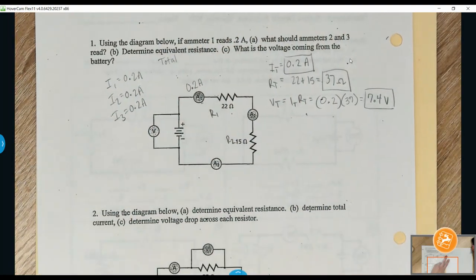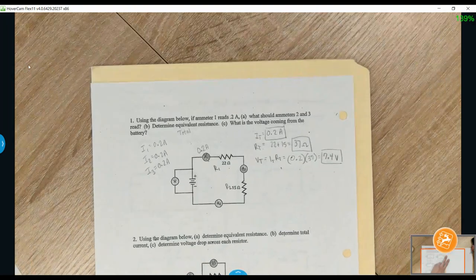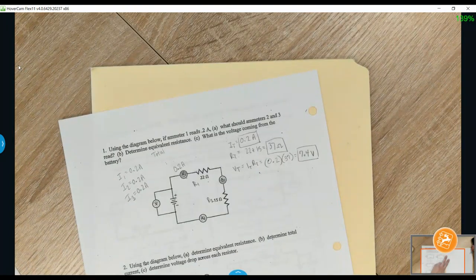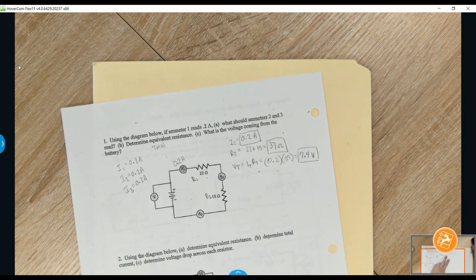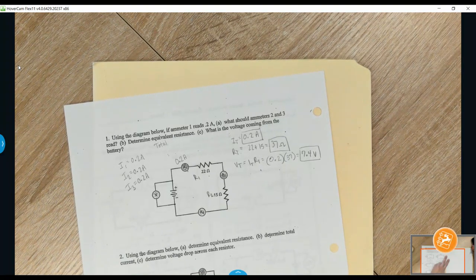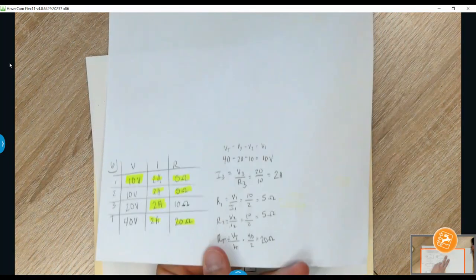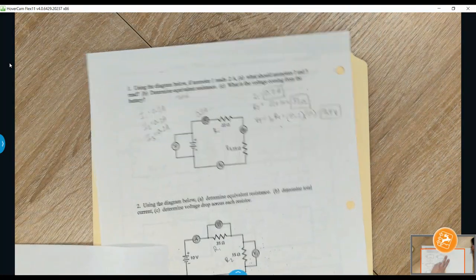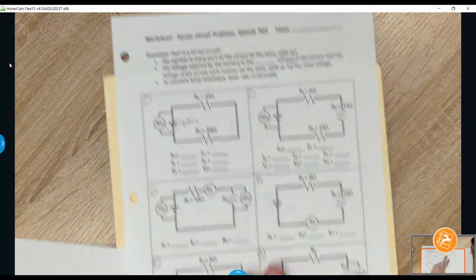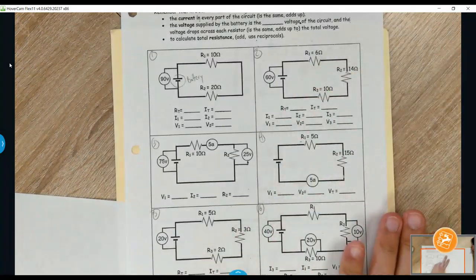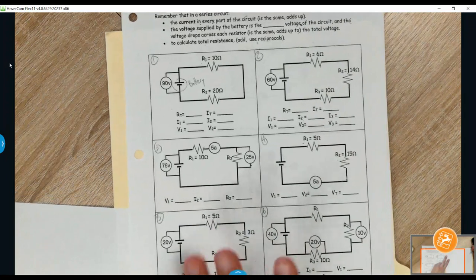All right, so that is essentially, guys, what you're going to need to do. You now have questions 1, 3, and 6 done and completed. So you will complete 2, 4, and 5.